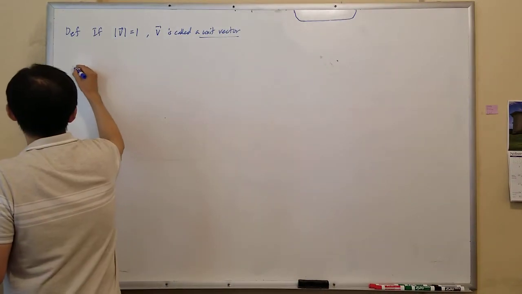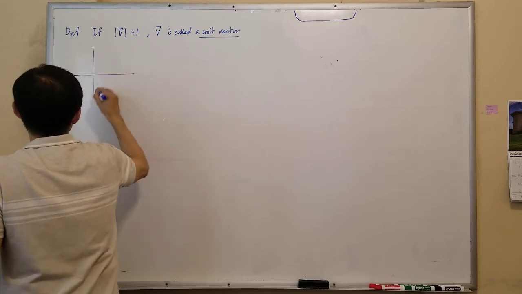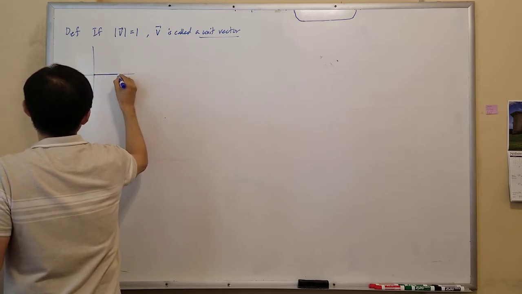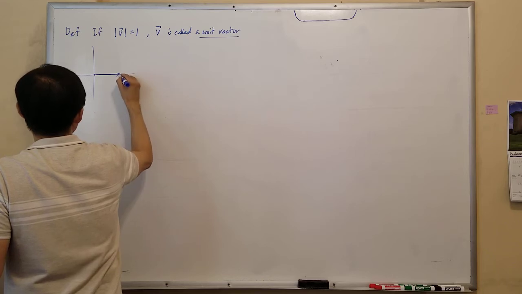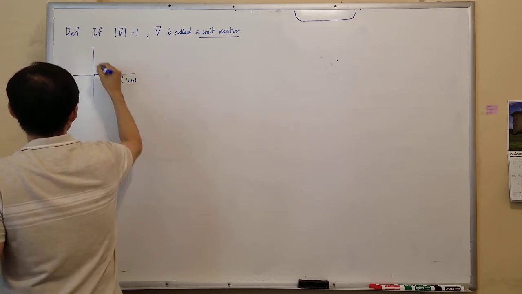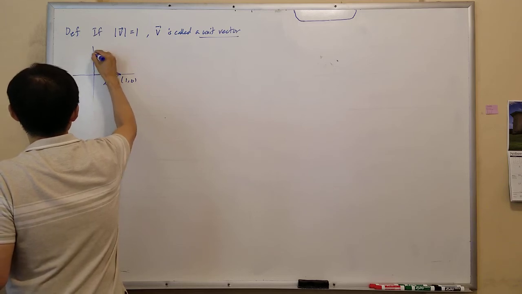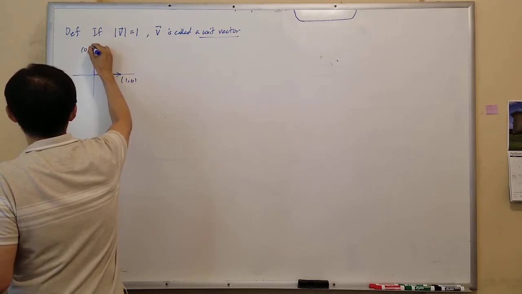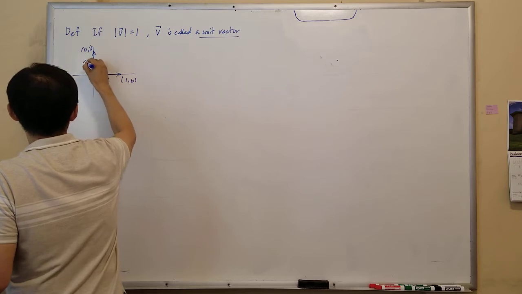Now, in the two-dimensional case, the most important unit vectors will be (1, 0), I hat, and (0, 1), J hat.